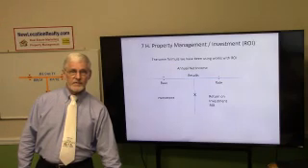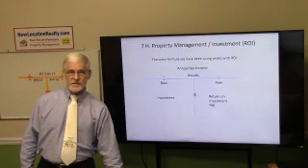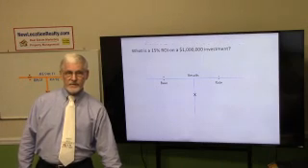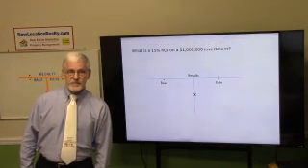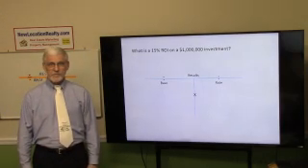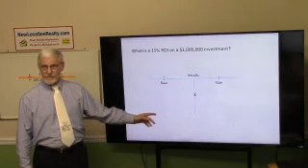Return on investment. This is how we figure return on investment. We looked at one of these earlier, just like this. What's a 15% return on investment on a $1 million investment? Where does the $1 million go? In the base.